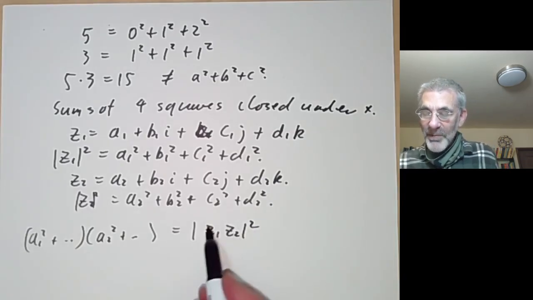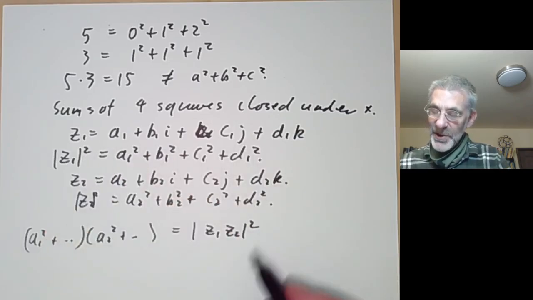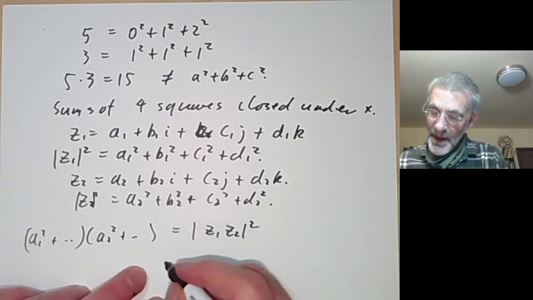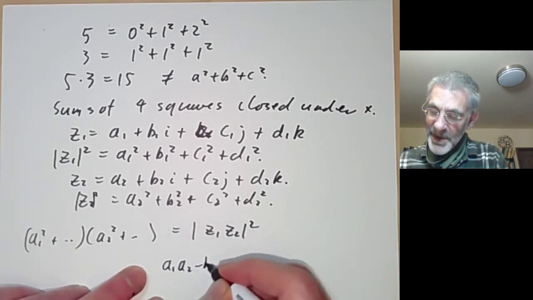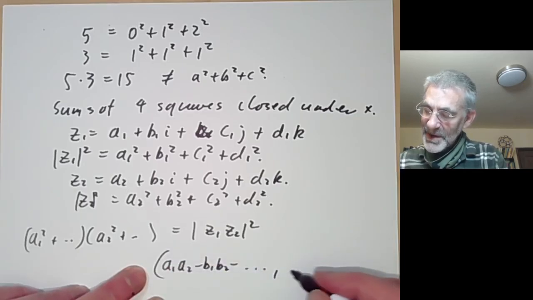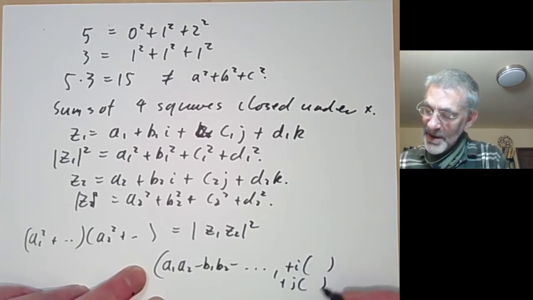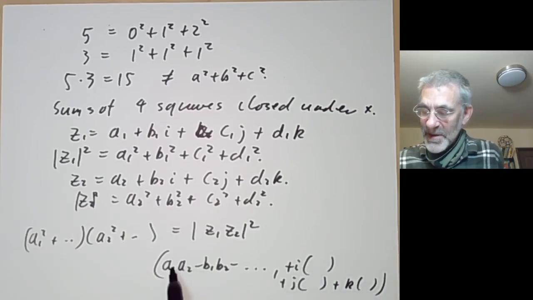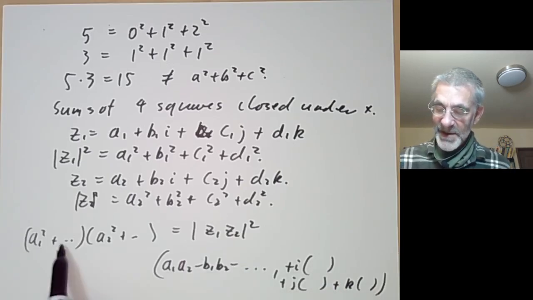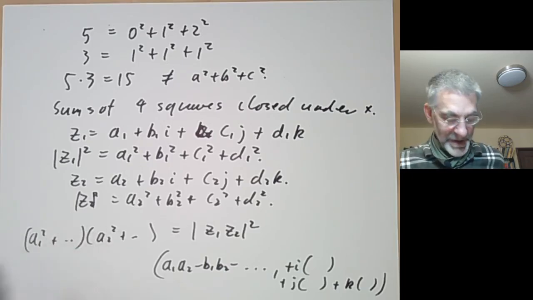And now you can multiply out z1 and z2, and it gives you something fairly complicated. So we get a1 a2 minus b1 b2 minus c1 c2, and so on, and then we get something times i plus something times j plus something times k, and you find that the square of this plus the square of this plus the square of this plus the square of this is the product of these two sums of squares.